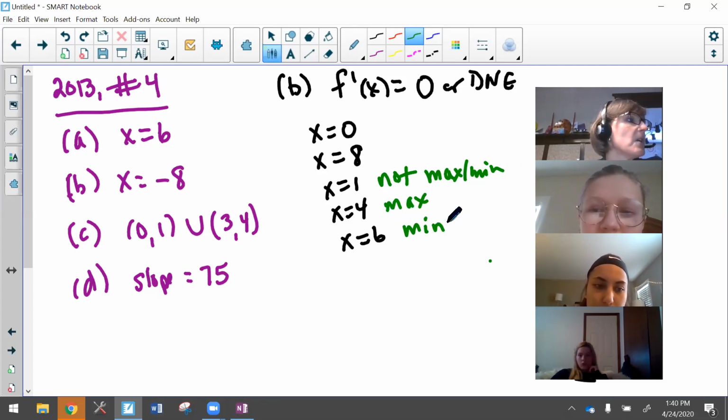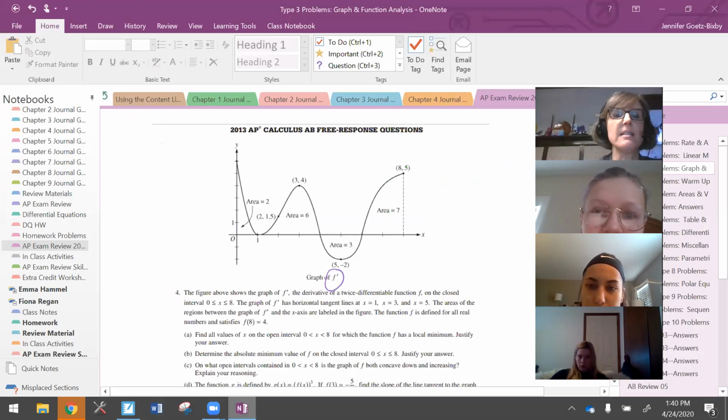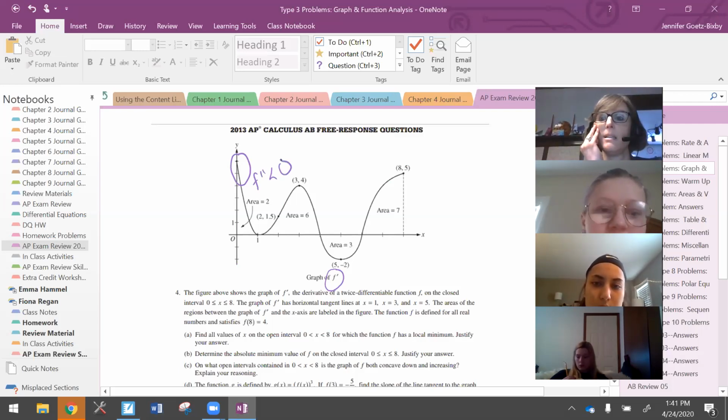All right, so if I have a point, I want to look at 0 and I want to look at 1. If I look at 0, over here, my f double prime is less than 0, right?